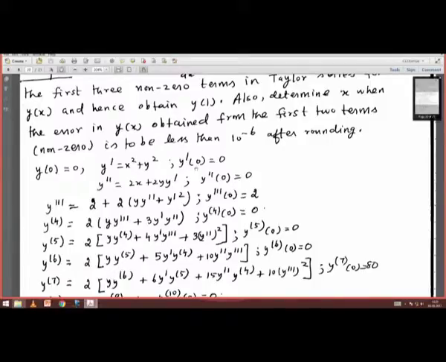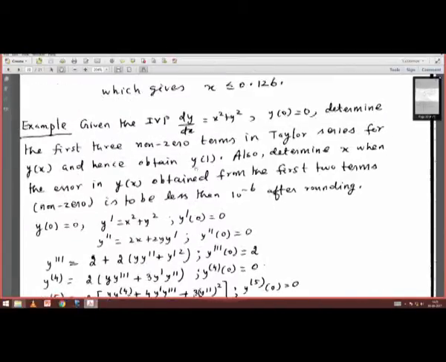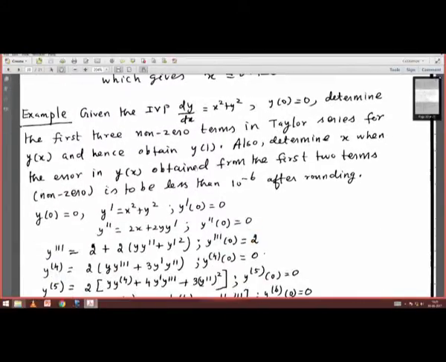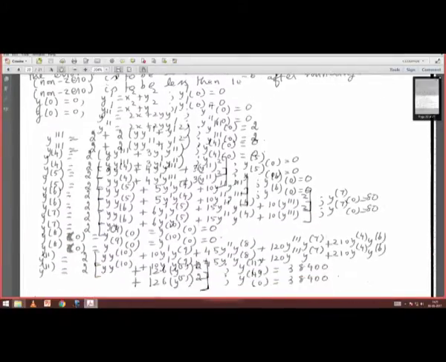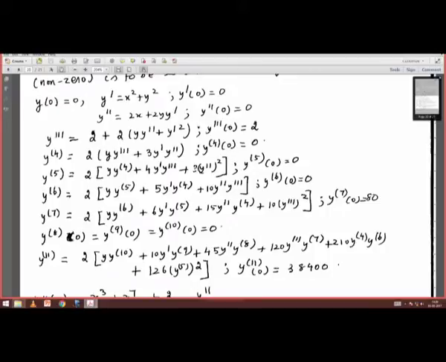So, we essentially have only one term which is y of 0, and y of 0 is given to be 0. So, if we have a Taylor series method of order 1, y of 0 plus h y prime 0, then we essentially have nothing on the right hand side, because y prime 0 is 0 and y of 0 is also 0.